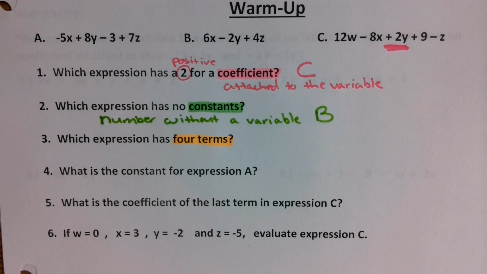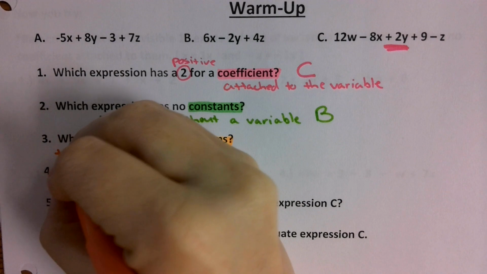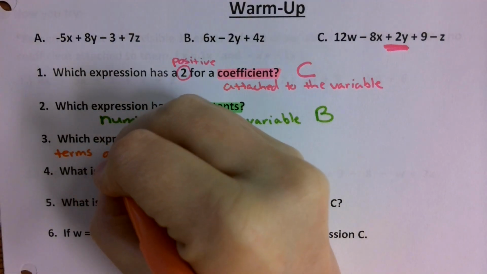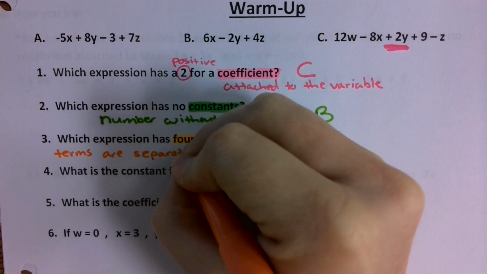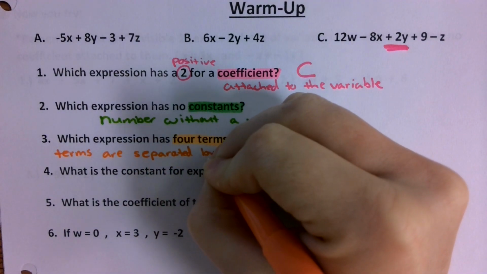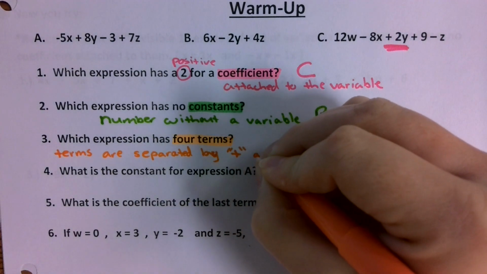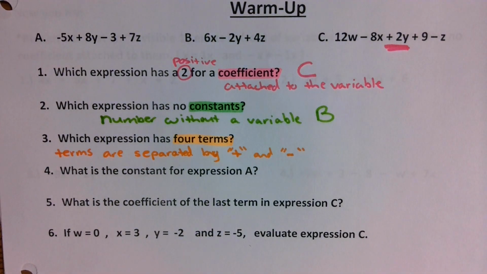And what's the other operation, Angel? Addition. So terms are separated by plus signs and minus signs. So we're looking for 4 terms, 4 things that are separated.